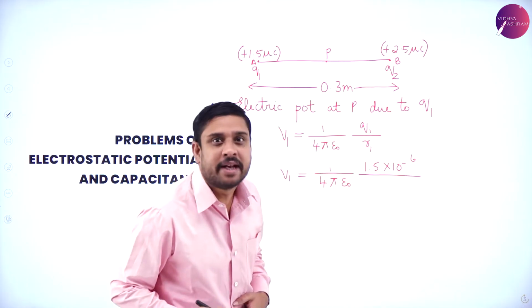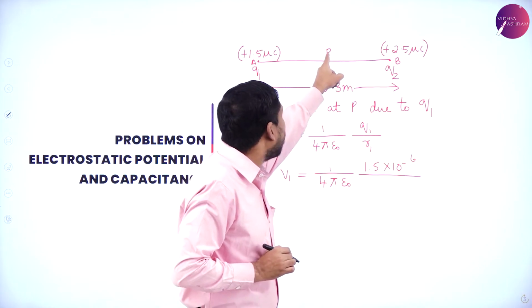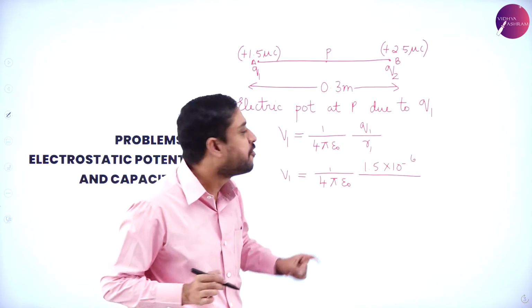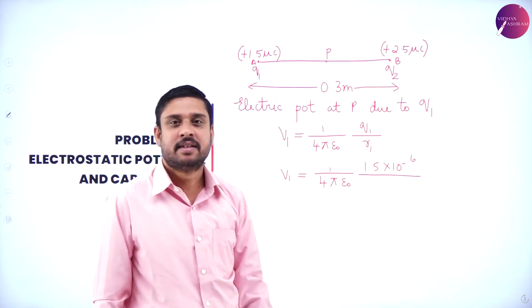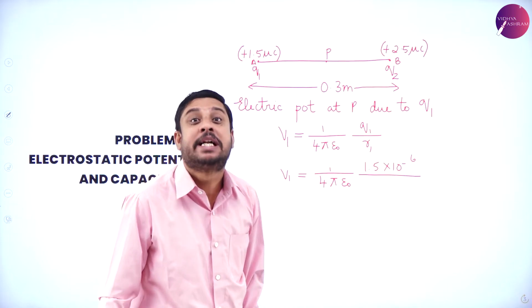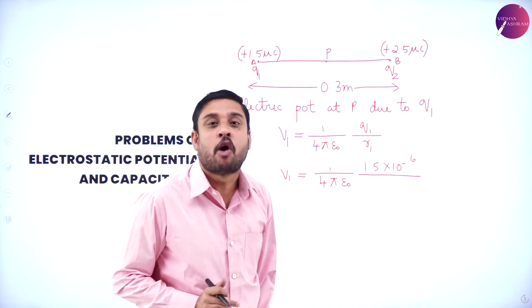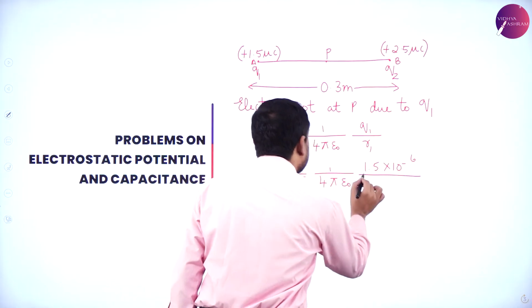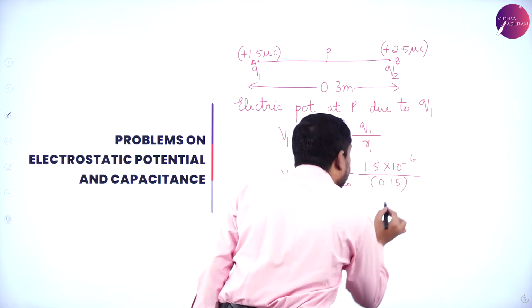What is R1? Distance between A and P. How much is it? 0.15, because very clearly the problem says P is the midpoint of the line joining the two charges. So this is 0.15.